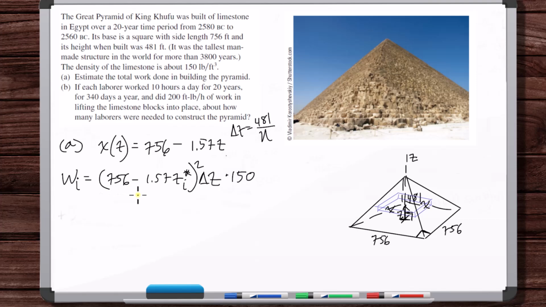But now what's that times the height that it was lifted? We have to put times zi star, and that's the wi.